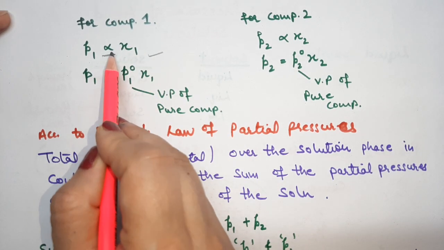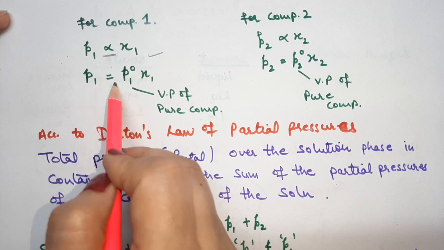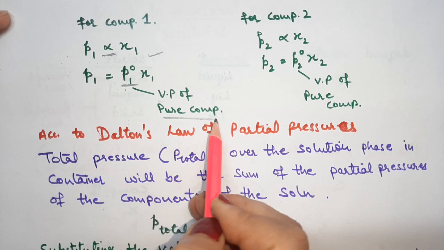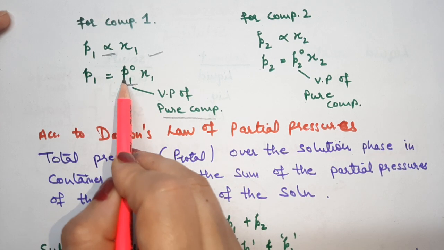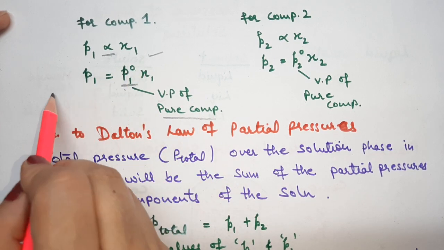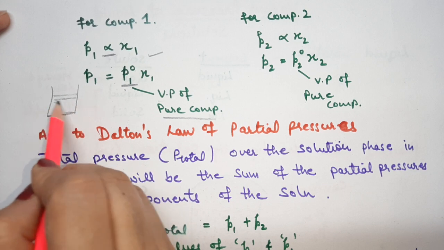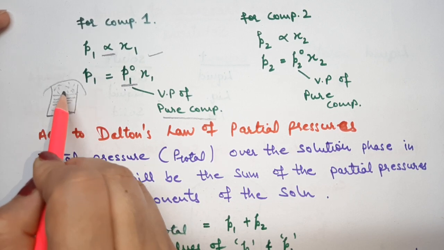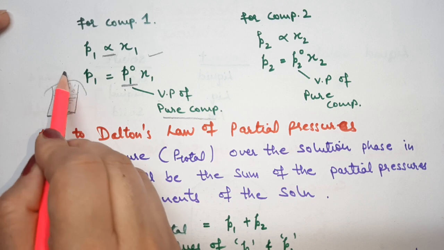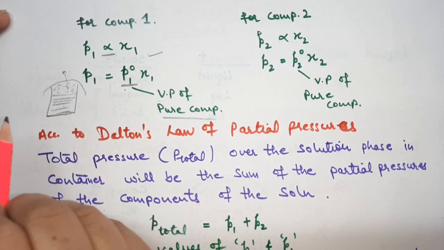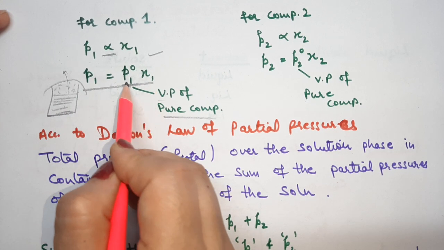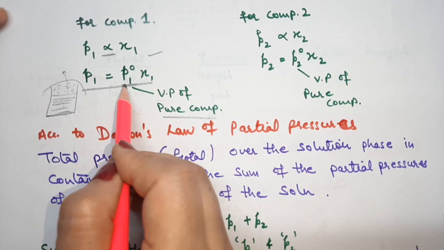Now for the proportionality constant, we are applying the vapor pressure of the pure component. So this is P1 naught. P1 naught means when that component alone is present in its pure form, how much vapor pressure it exerts, which we also understood in detail in the last video. So that's why this remains constant for a particular liquid.